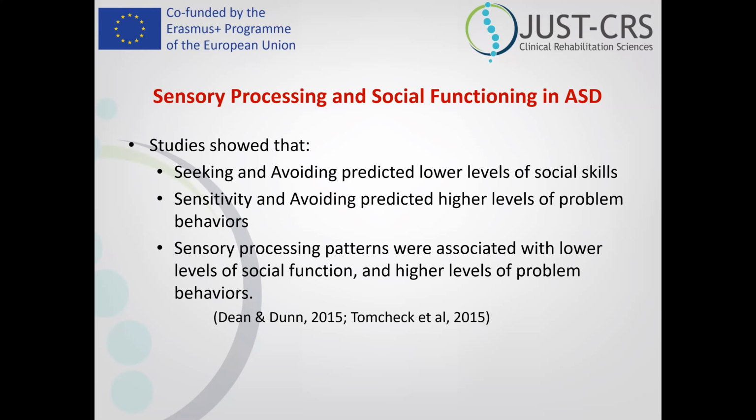That means behaviors or actions that may be harmful for the kids themselves or for other kids. Also, sensory processing patterns are associated with lower levels of social functioning and higher levels of problem behaviors. I mean sensory processing patterns, all patterns. So these studies are examples of sensory processing and social functioning, and there are more studies in the literature.